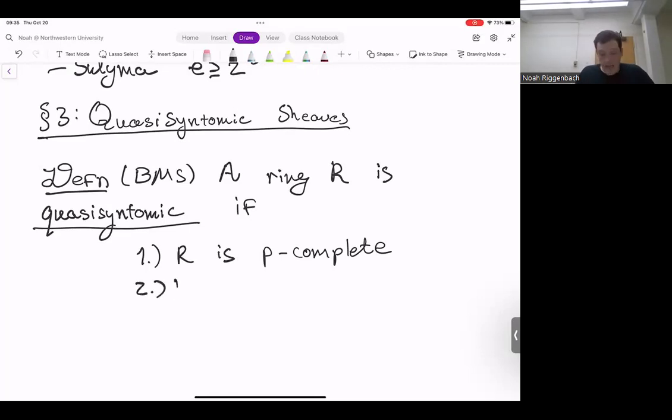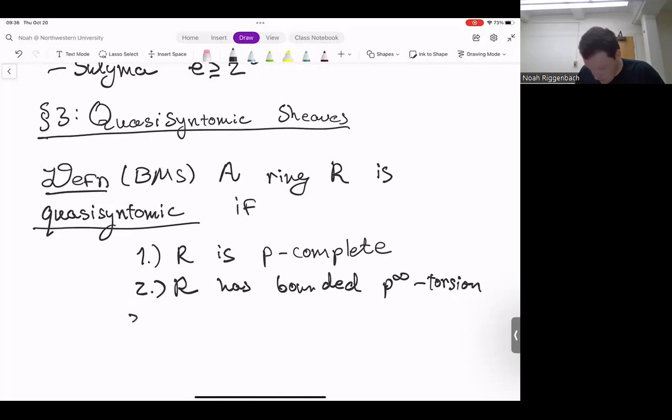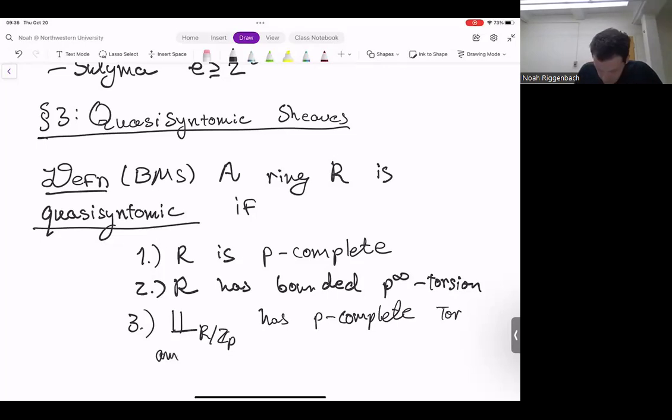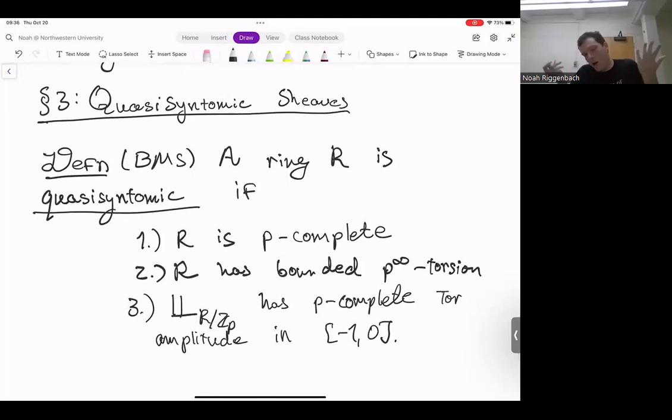The second point is that R has bounded P infinity torsion. And the third point is that the cotangent complex of R over Z_p has P complete Tor amplitude in -1 to 0.